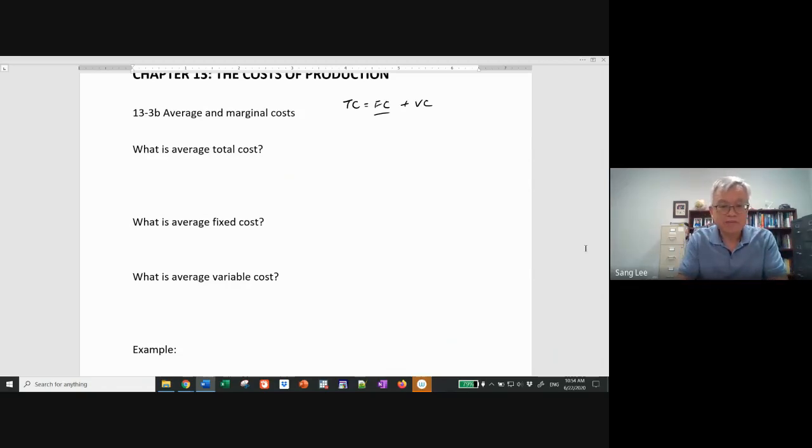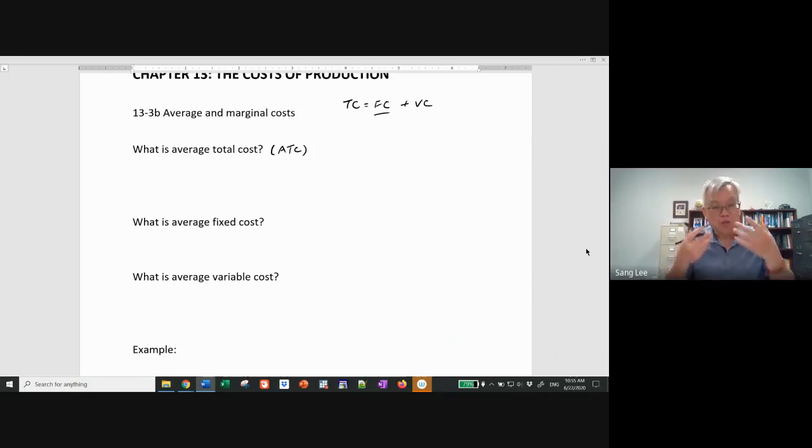Now, then how do we figure out the average cost? So here, we're going to first examine average total cost. From now on, for convenience, we're going to denote average total cost by ATC. So ATC means average total cost. Now, remember this. In economics, whenever we define average of something, we always interpret average in relation to quantity or level of output.